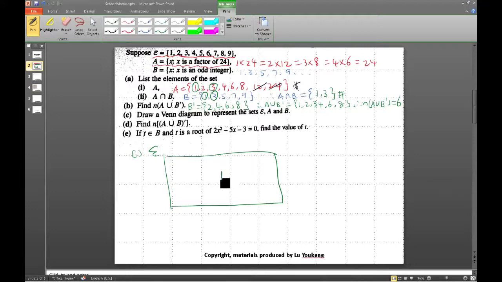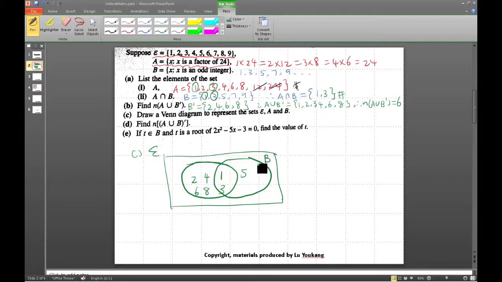So let me write 1 and 3 vertically. And let me draw another two circles. The left represented by A, the right should be represented by B. So let me include whatever is in A, 2, 4, 6, and 8.